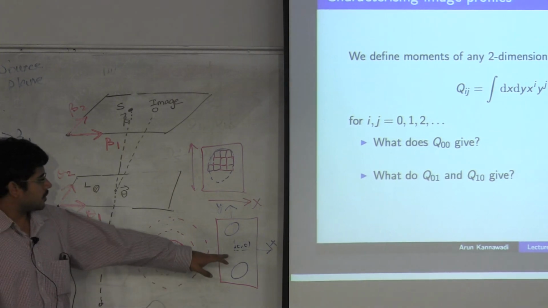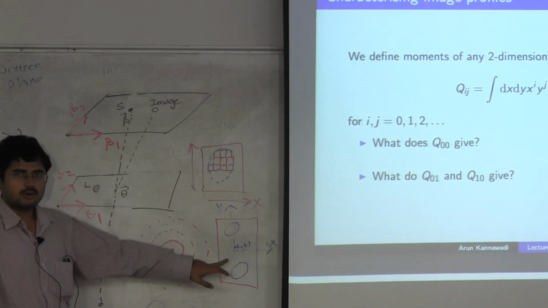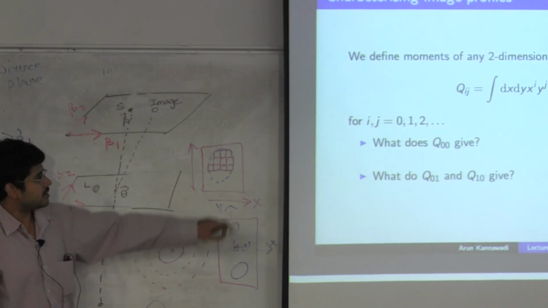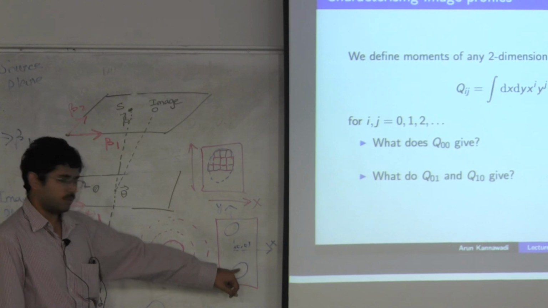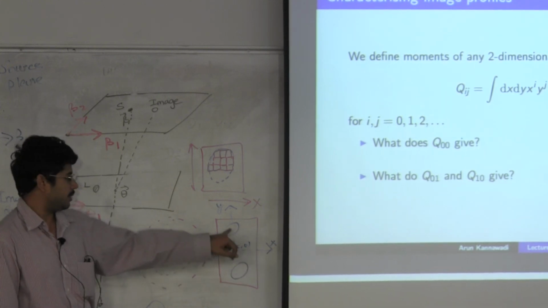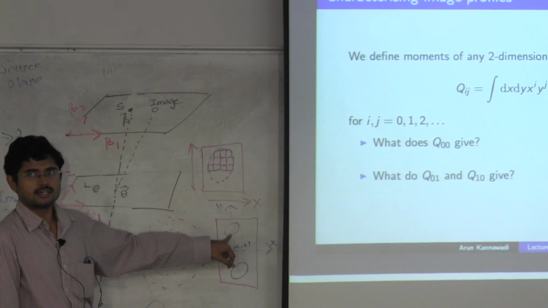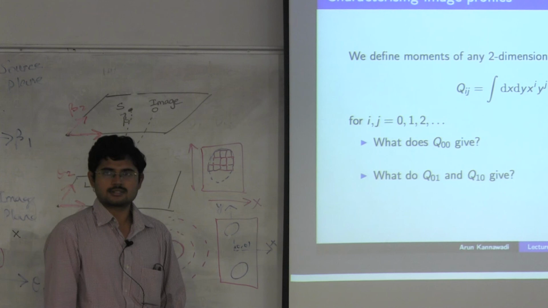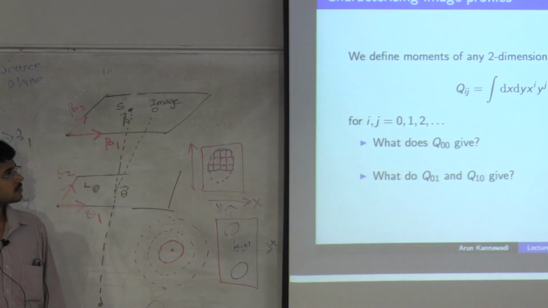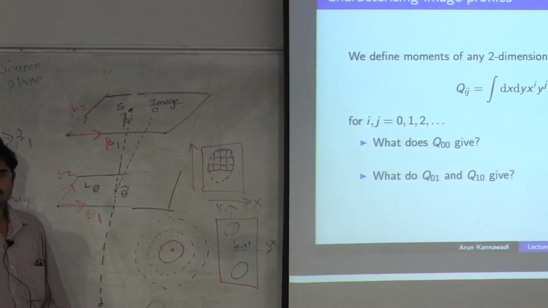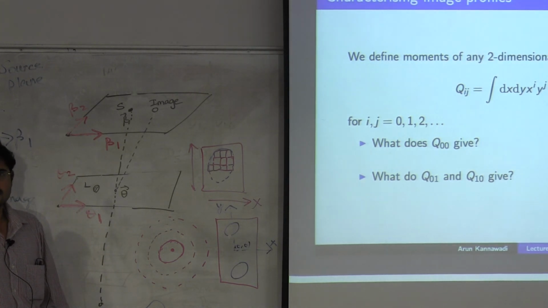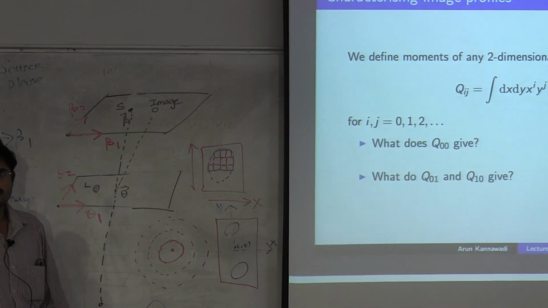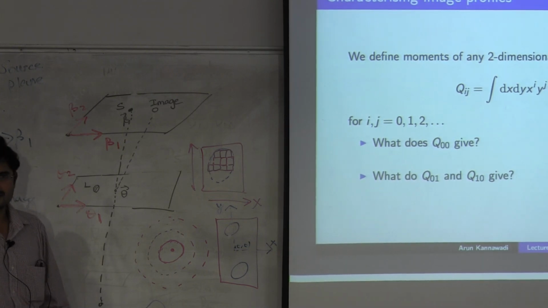But Q01 and Q10 will depend on where I place this galaxy, because now the x and y values are very different for this galaxy compared to the x and y values of this galaxy. So now can you say what this should suggest? No. I mean, it is like a weighted flux, but what does that refer to?